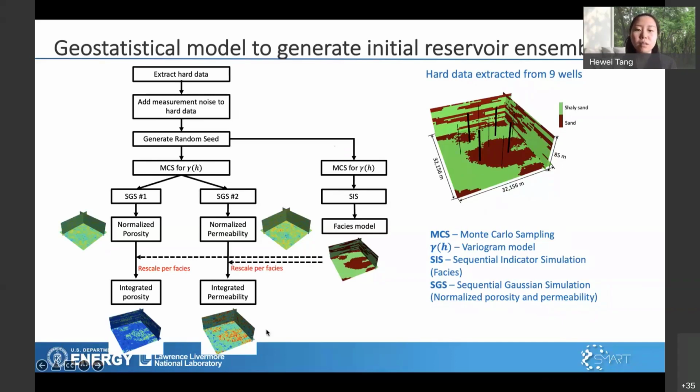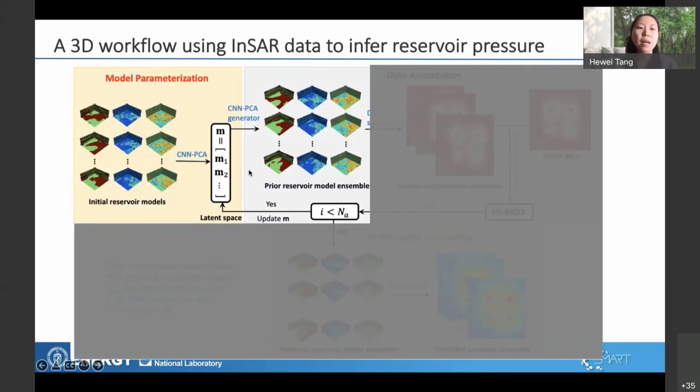Okay, so now we have our initial reservoir model distribution, and in each reservoir model realization we will have three-dimensional fields. So it's a really large parameter space, and we want an efficient method that can significantly reduce it.